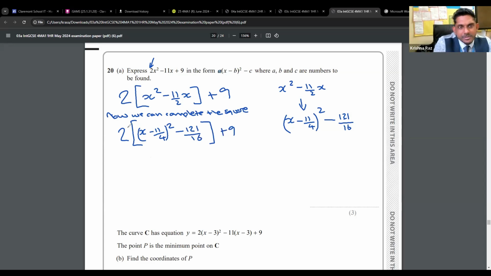So when I times by 2, it's going to go there. And I have 121 over 16 times 2, which would be 121 over 8. I'm plussing 9, and 9 is the same as 72 over 8. And so I get my answer.